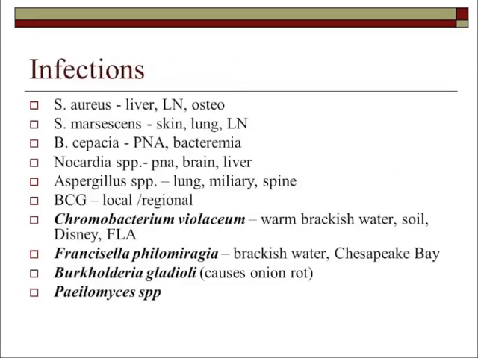So, like I was saying, these are your CGD bugs, right? Starting with Staph aureus, but you'll see Staph aureus in the liver, in the lymph nodes, a lot of osteomyelitis out of nowhere. Serratia marcescens: skin, lungs, lymph nodes. Like I said, Burkholderia bacteremia, if you see that it should trigger some buzzword associations.